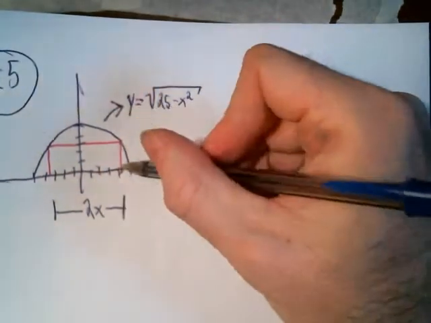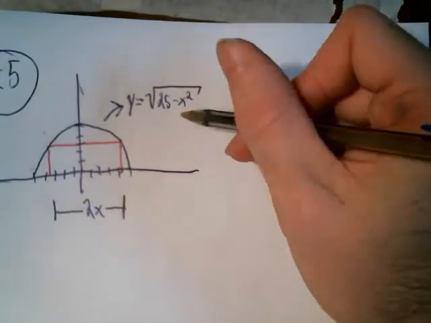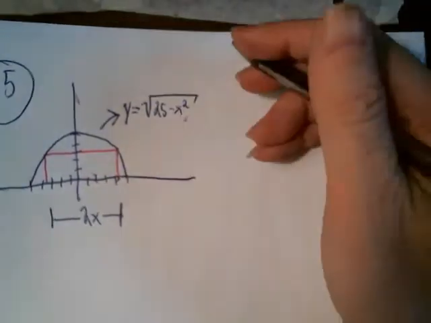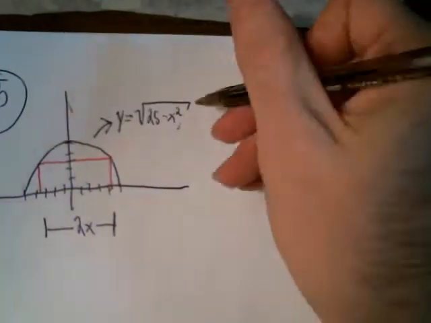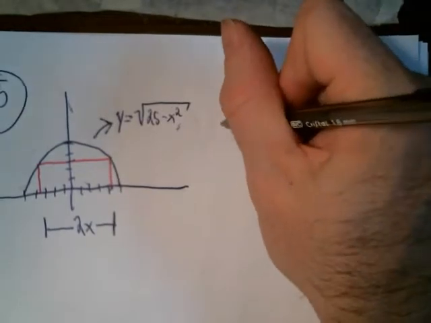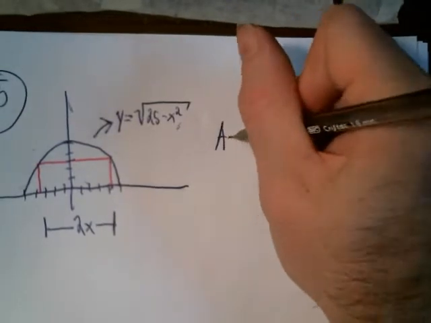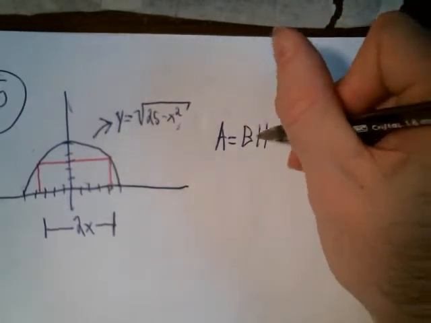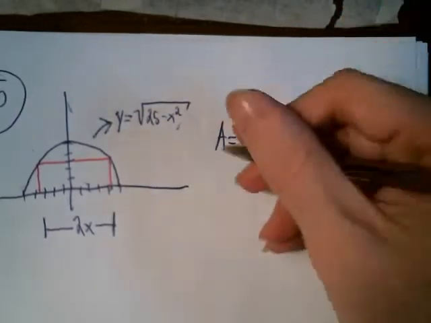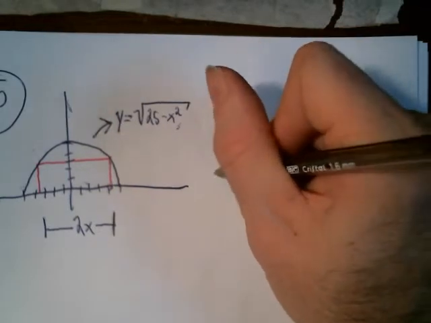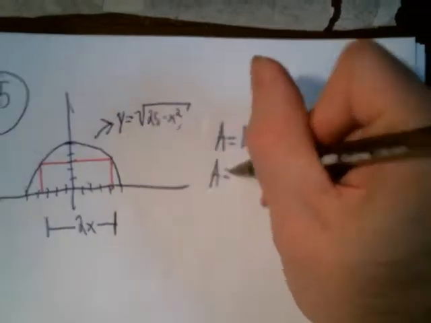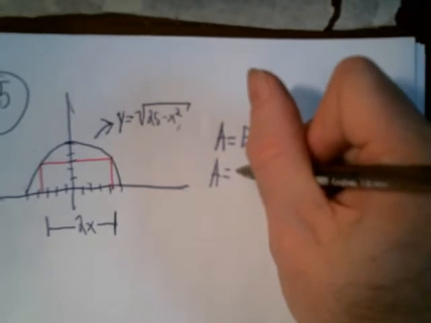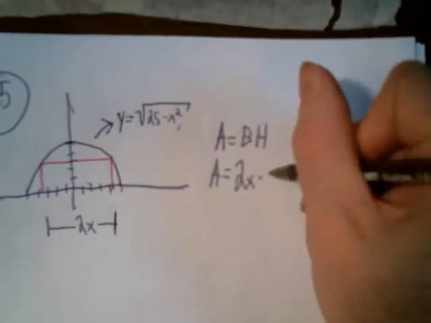Okay. The height then is this y value, which is based off of this right here. So the formula for area, as usual, is base times the height, or length times width, however you want to do it. In this particular circumstance, the area equals the base, which is 2x, times y.